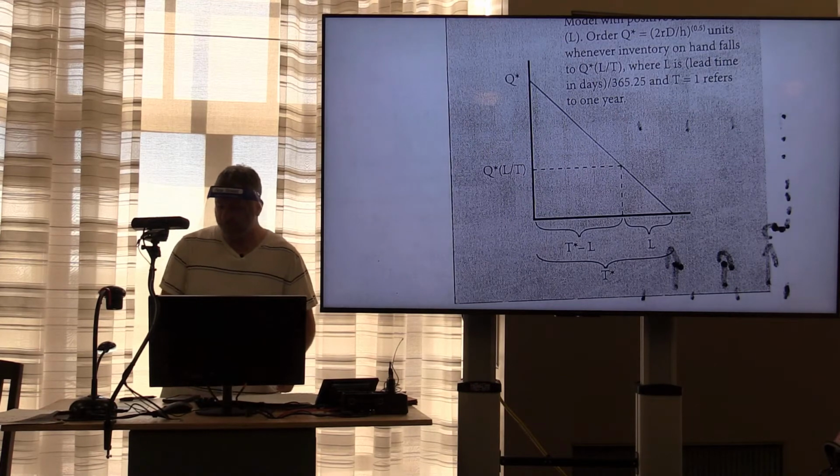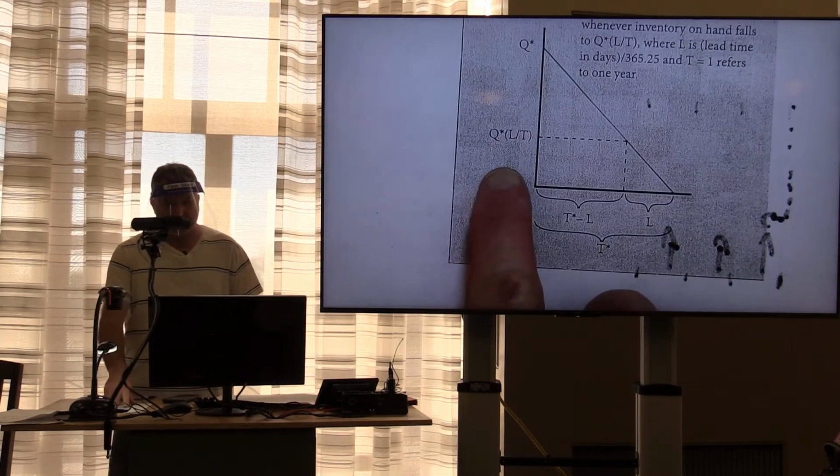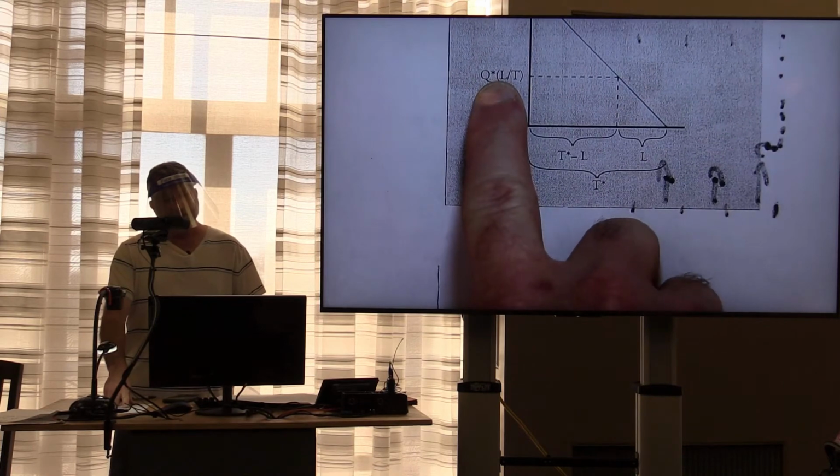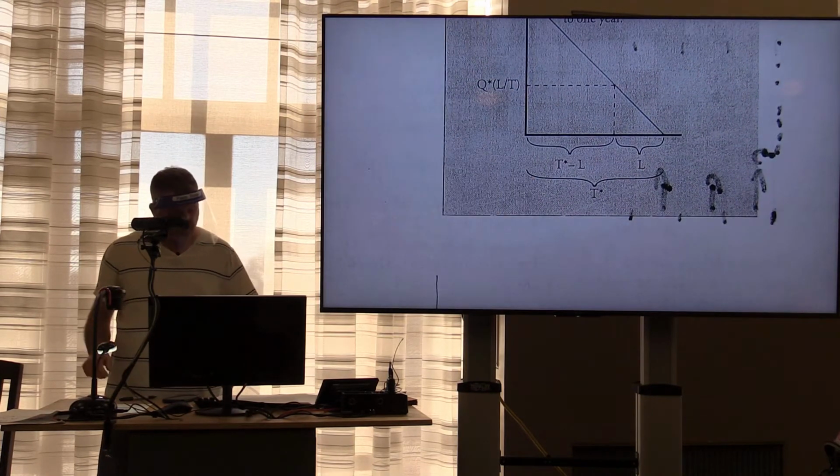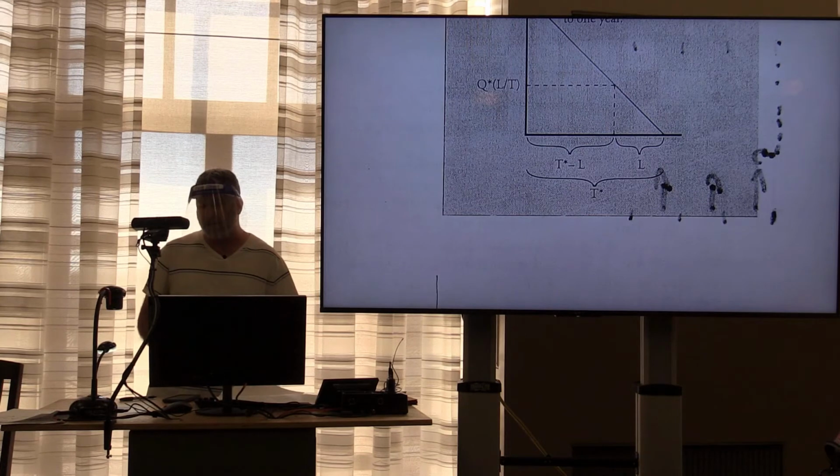All right. Now, how do we know it's Q times L divided by T? I'm going to show it to you one way real quick, and then I'll show it to you more logically in another way.